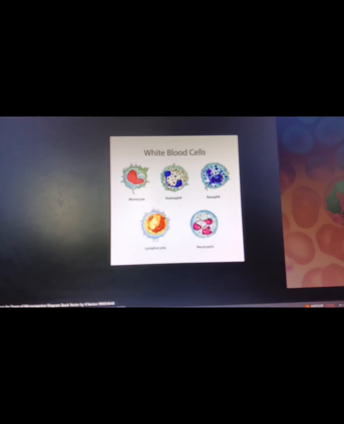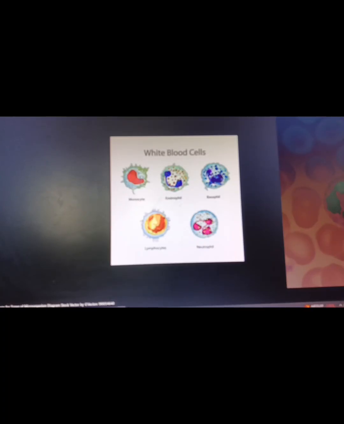Okay, now we will see each type under granulocytes. First one is eosinophil. Eosinophils contain a bilobed nucleus. Look into this. Here is one lobe and this is another lobe. There are two lobes of nucleus. Next one is basophil. Basophil contains dark blue-purple granules.